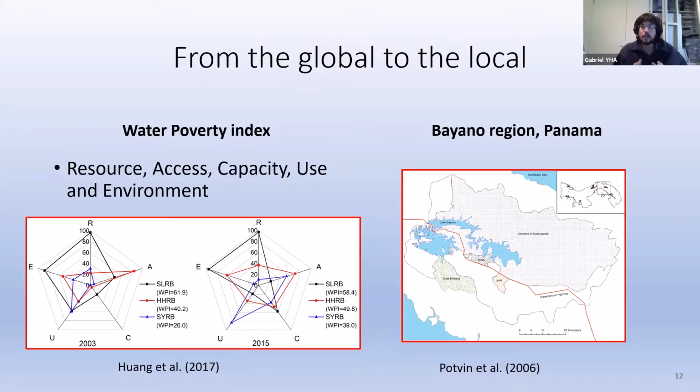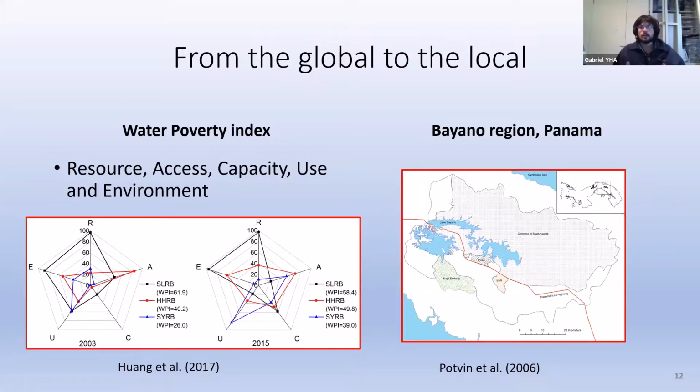We did use the Bayano region in Panama as a case study, especially a workshop I did there a few years ago with an Embera community. However, we did not have enough information to create a water poverty index for the region, so the information just guided us in creating the basic ideas of how a child-centered poverty index could be created.